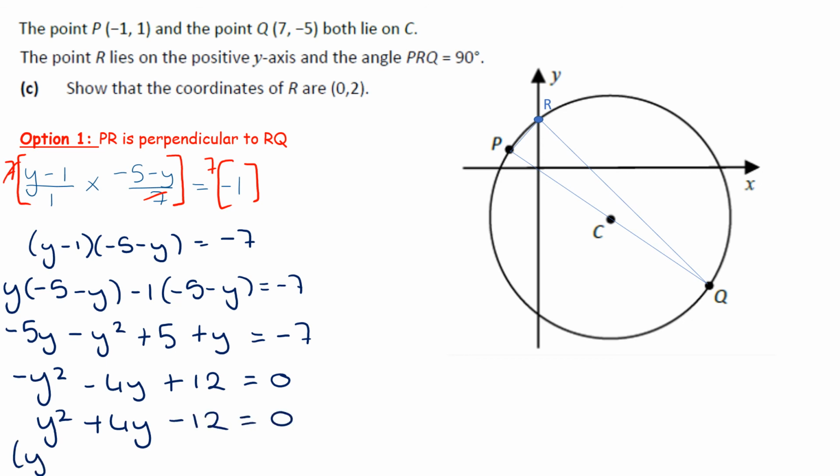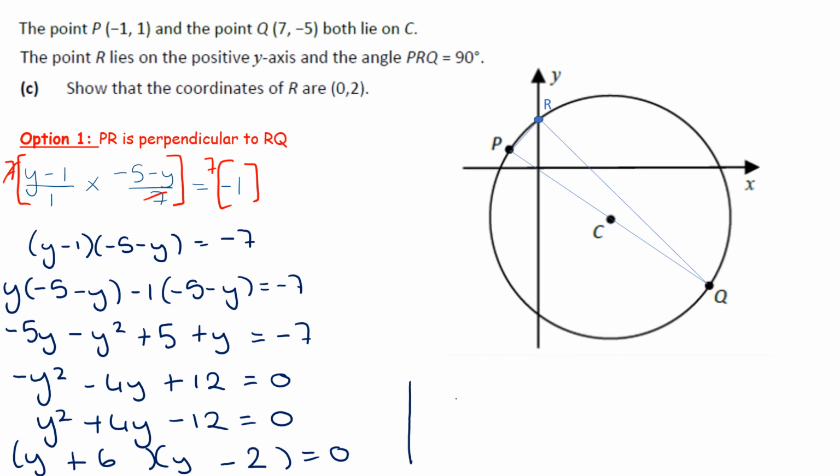So then when we get to here, we need to either use guide number or whatever way you factorize it, or you can use your minus b formula if you prefer. So I'm going to just use trial and error here, which is a version of guide number. You get y plus 6, y minus 2.